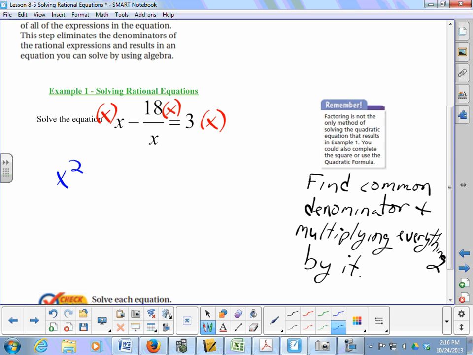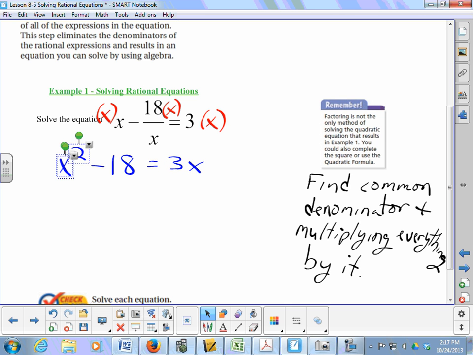But look at the second fraction. I have 18 over x times x. What happens if I have x in the numerator and the denominator? Then they're going to cancel out. So my second term here is just going to be negative 18, and equals 3x. So I just got rid of my denominator. Don't like them, gone, got rid of it. So by finding the least common denominator and multiplying everything by that, I'm able to eliminate the denominators, and I just have to work with whatever equation I end up with.